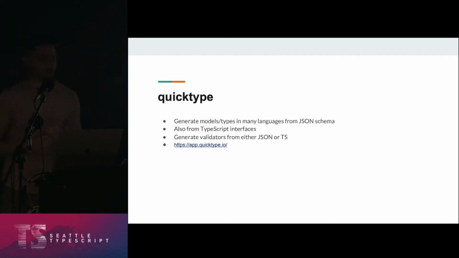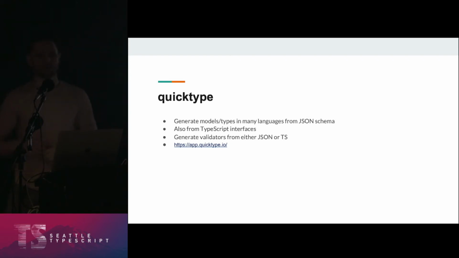All four of these libraries are written in TypeScript. If you look on their GitHub, 90% or more of their code is TypeScript, and so is this one. But what's interesting about this one is that it's not only used for TypeScript. It's used for about a dozen languages, and what it does is generate your models from JSON schema.